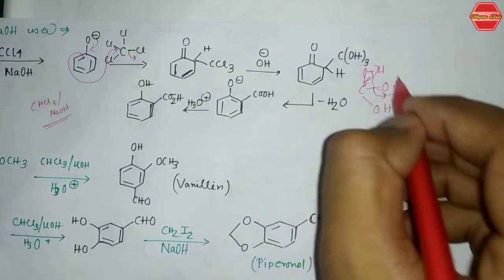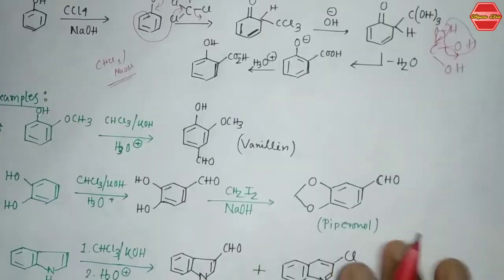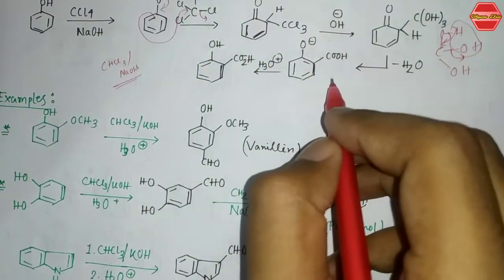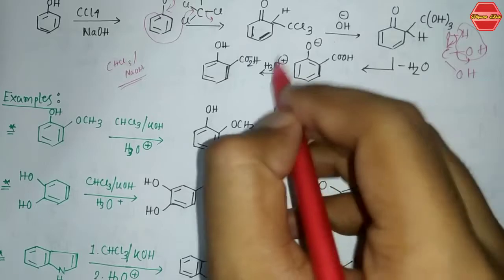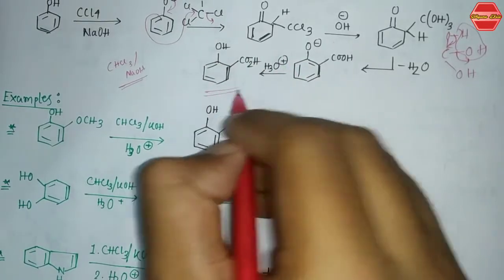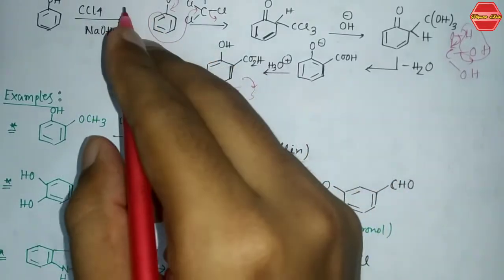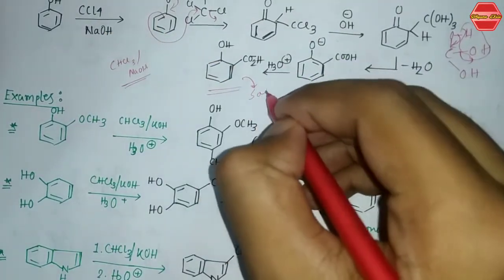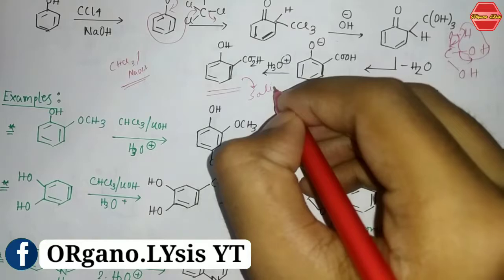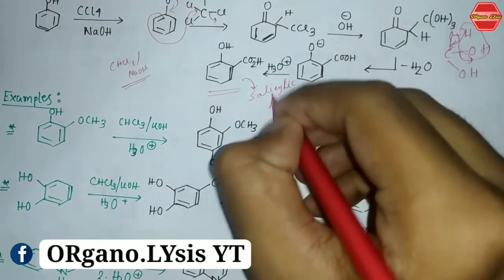So 1 mole of water leaves from the system, and you are getting this product. And after the final hydrolysis, you are getting this final product, that is salicylic acid. So when you are using this CCl4, you are not getting salicylaldehyde, you are getting salicylic acid, right?